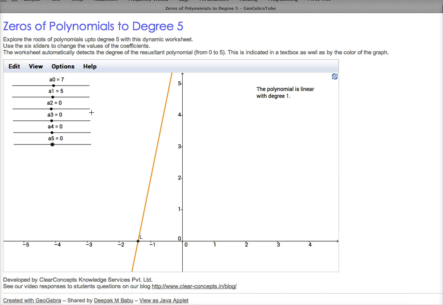Okay, I want you to look at two things. First, remember I said this experiment is smart enough to detect the order or the degree of the polynomial, and you can see in the text in the top right that it is a linear polynomial with degree 1. Do we agree with what the experiment is saying from our knowledge?